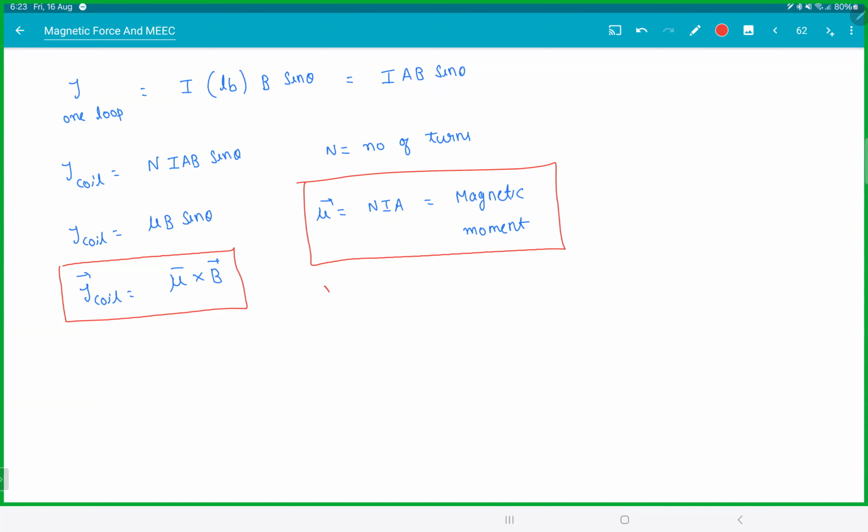But remember this is valid only for uniform field. And this is similar to dipole moment.